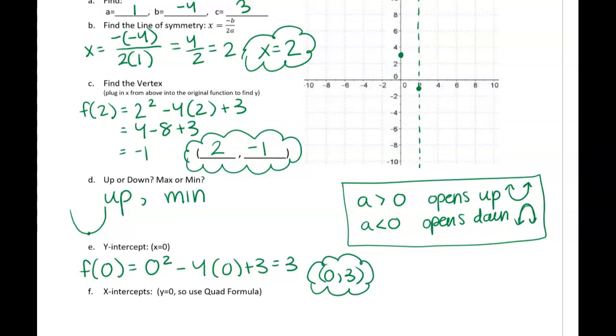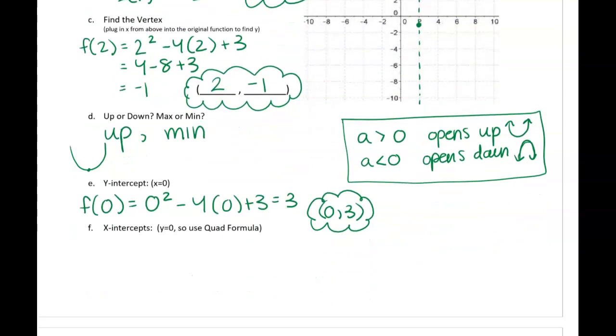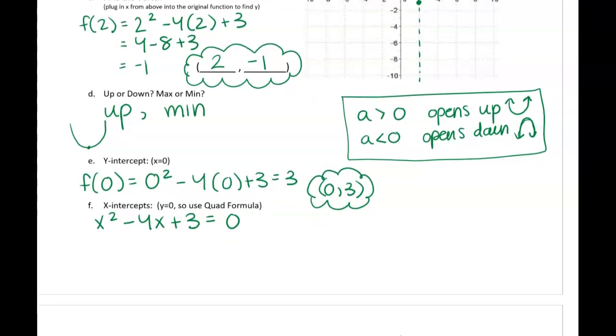Last piece is our x-intercept. So this is when y equals 0. So this is when x squared minus 4x plus 3 equals 0. You can either use the quadratic formula or you can factor. So if we factor, we're looking at what numbers add to be negative 4 and multiply to be 3. That'll be x minus 3, x minus 1 equals 0, because negative 3 plus negative 1 is negative 4, and negative 3 times negative 1 is 3.